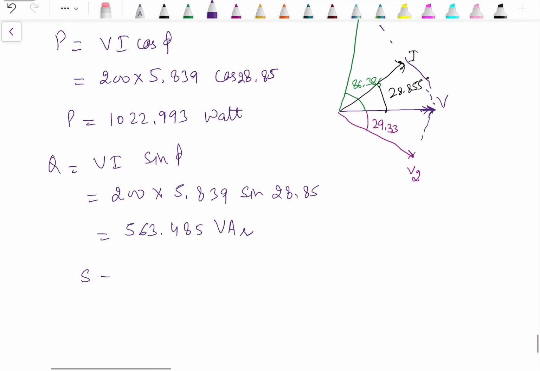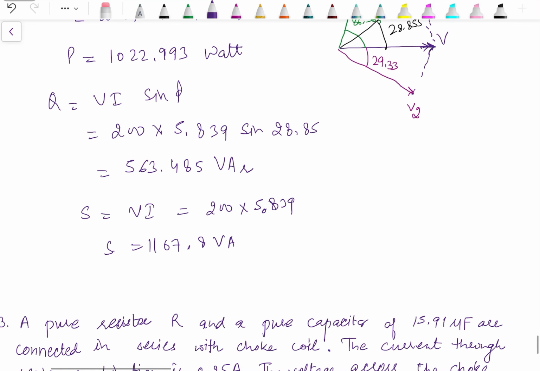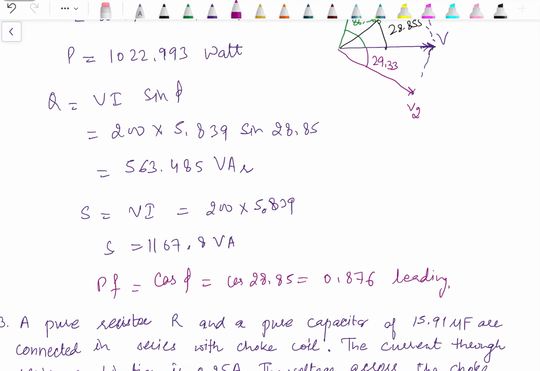Apparent power is V into I, 200 into 5.839, so it's 1167.8 volt amperes. And the last thing is we need to calculate the power factor as well. Power factor is cos phi, cos of 28.85, this one is 0.876, and as the angle was positive, it's a leading power factor.